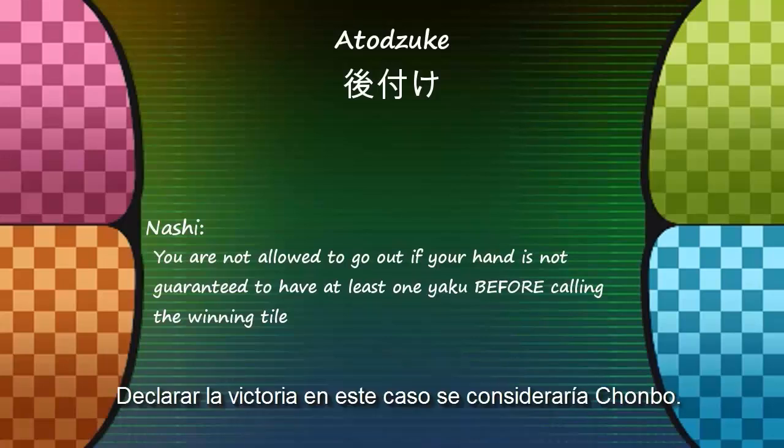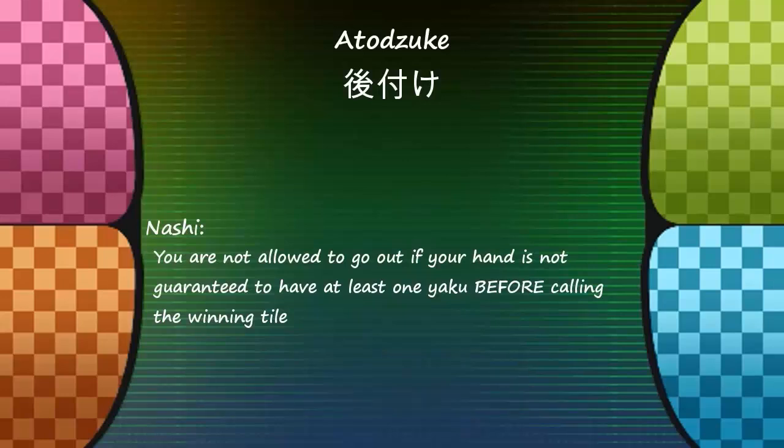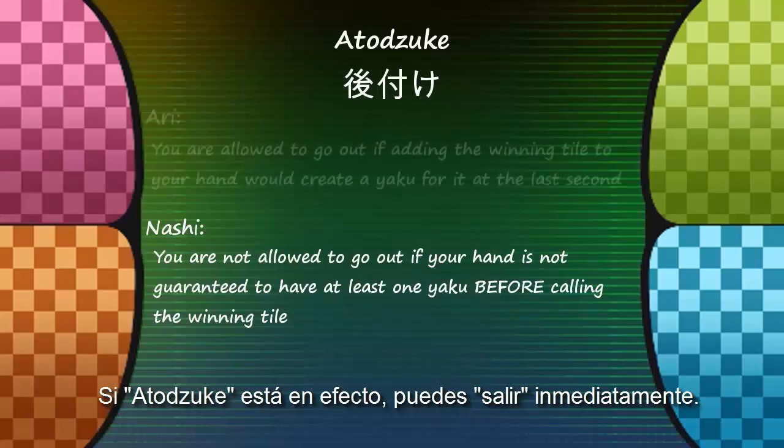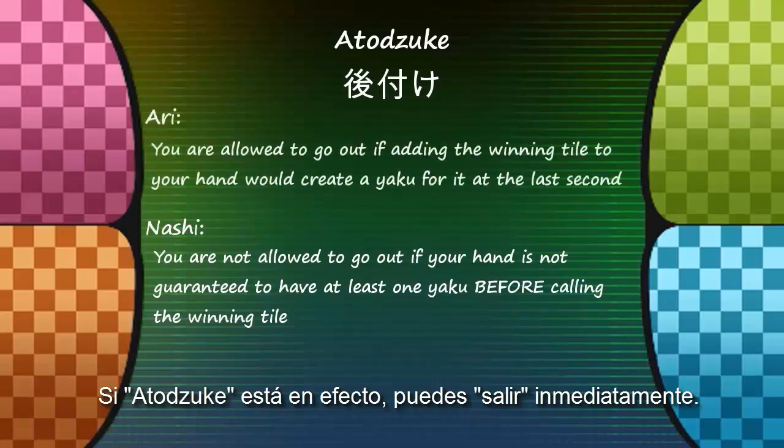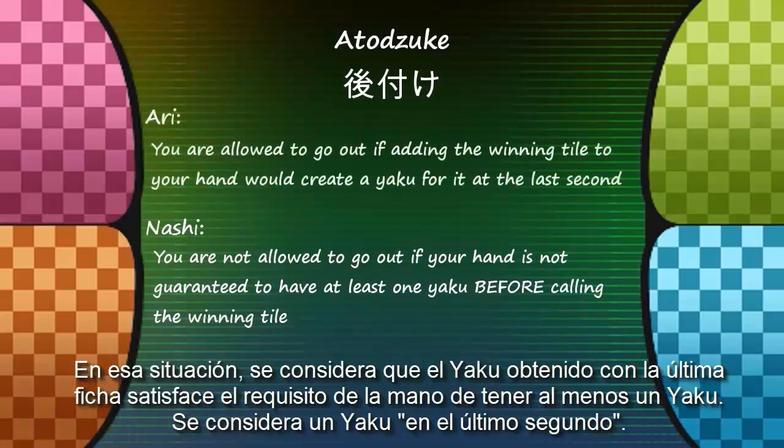Calling the tile in this case would be considered an infraction worthy of chonbo. With Atozuke present, you are allowed to call the winning tile in such a circumstance. The yaku you create is considered to satisfy your hand's 1 yaku minimum requirement at the last second.